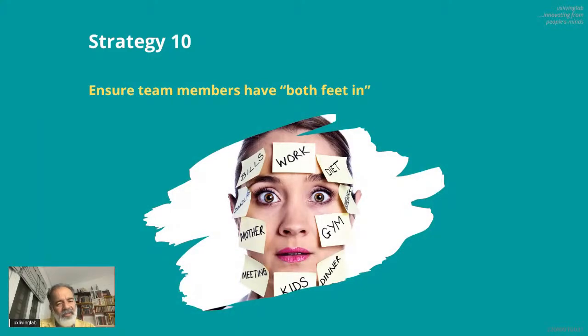Then the 10th strategy is ensure team members have both feet in, because being human, they have a lot of things to manage. They have work, diet, gym, then being a mother, meetings, kids, family, a lot of things they have to manage. But you have to put a strategy in such a way that they are fully committed to innovation. That's very important.